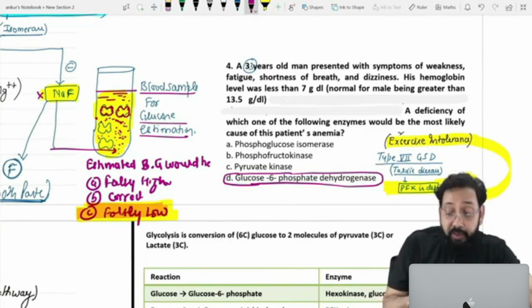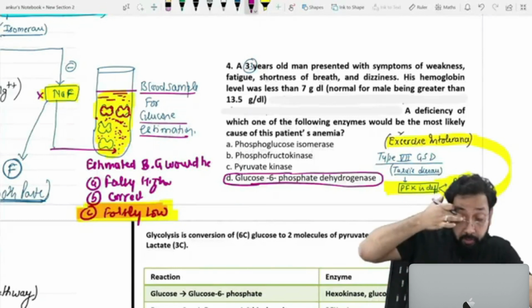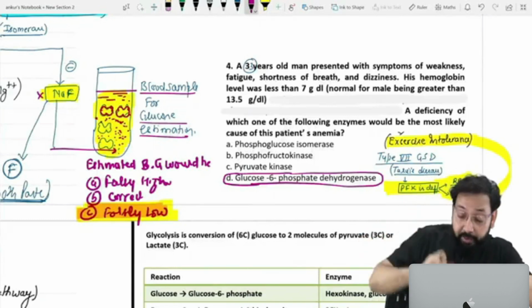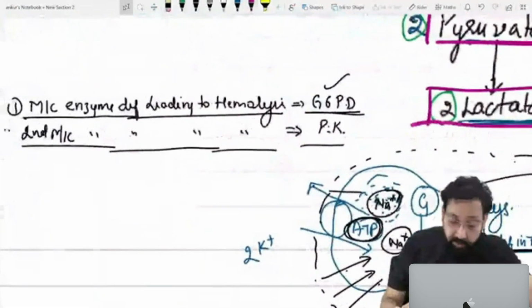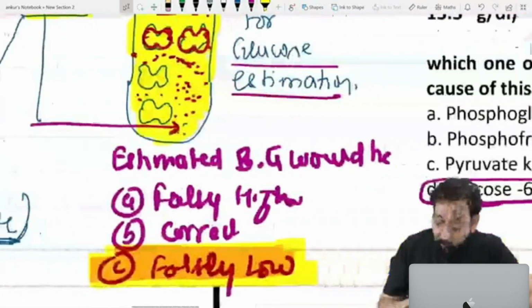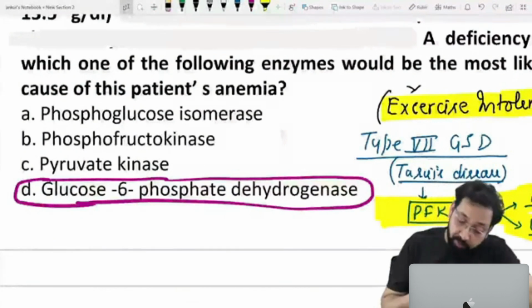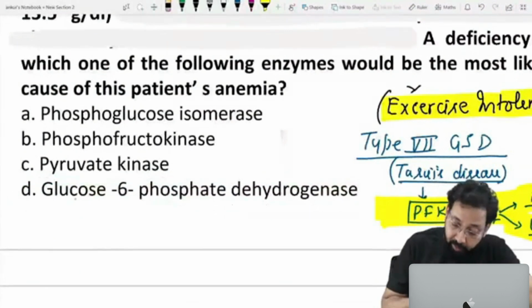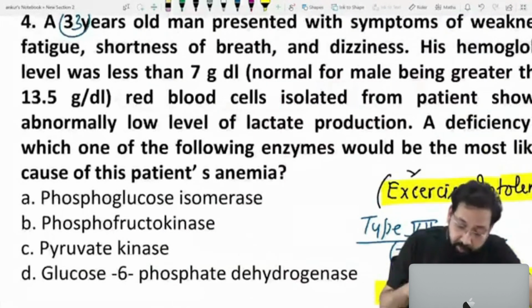Because if a patient comes to me with hemolytic anemia, the first diagnosis that comes to my mind would be G6PD deficiency. Second differential diagnosis would be pyruvate kinase. Third would be phosphofructokinase. So you understood the scenario and why we asked it. Every time, read the question carefully.